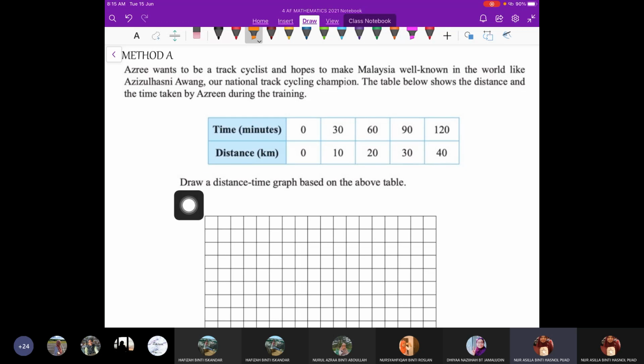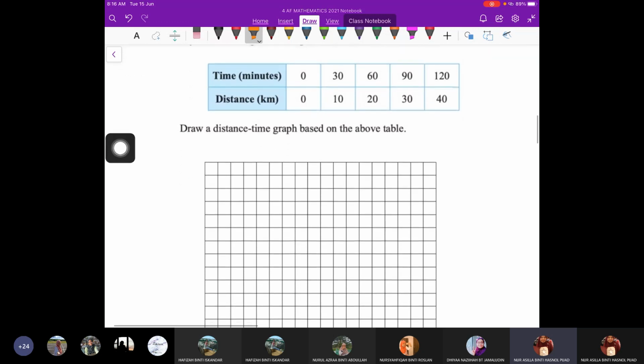So the instruction, draw a distance time graph based on the above table. Okay, jadi senang. Kalau kamu tengok dia punya time, dia dah sekata. Do not need to do anything else. Kilometers also dia dah sekata. What I mean by sekata, you can put the scale as it is.